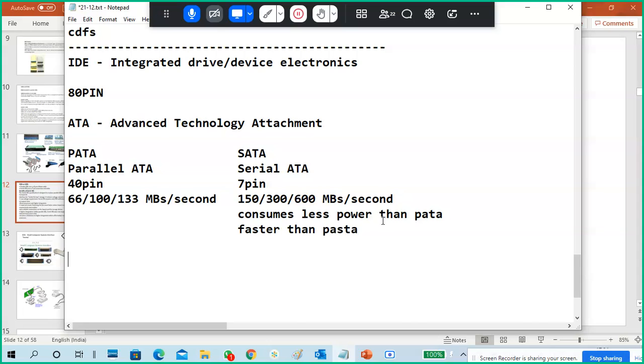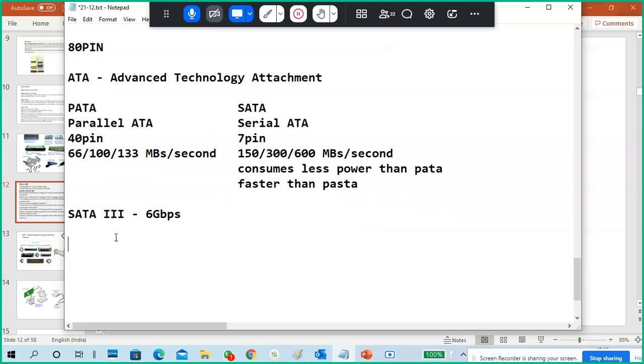Okay. So here the important, recent one is this: if you buy any SATA type of disk or SSD, the SATA 3 version speed is around 6 Gbps. So do not worry about it, because when we give some details, they may change from one place to another.